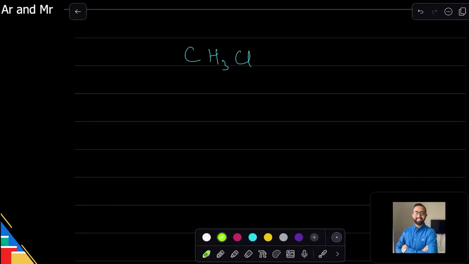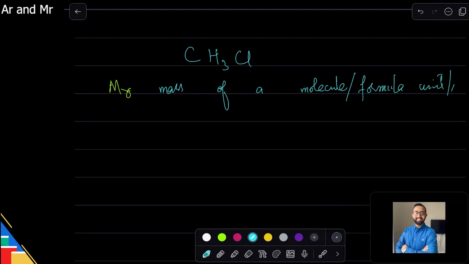To calculate the total mass, which is called MR, which is what? Mass of a molecule or formula unit or ion compared with 1/12 of carbon 12 isotope.